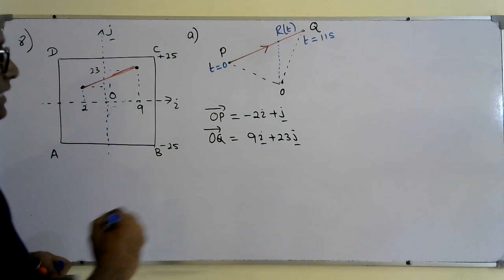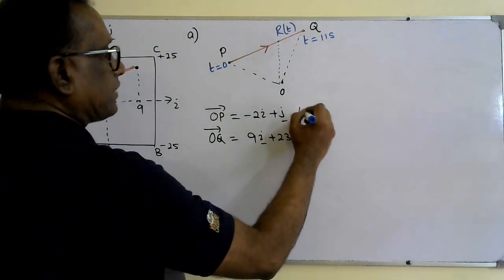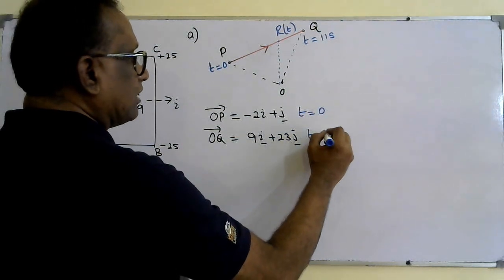Okay, to find the velocity vector, we need to first find the displacement vector during 11 seconds. This is when t equals 0, and this is when t equals 11 seconds.